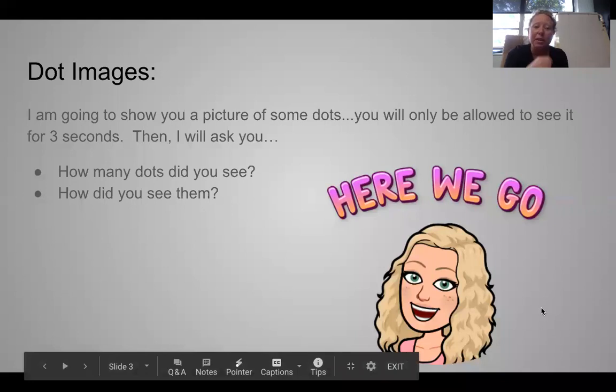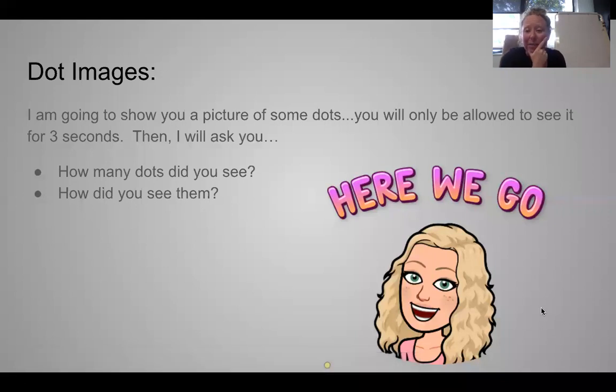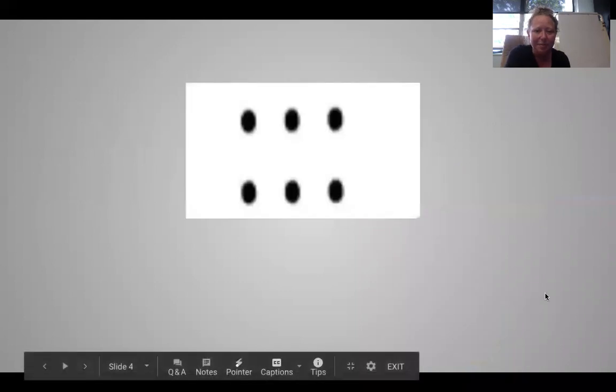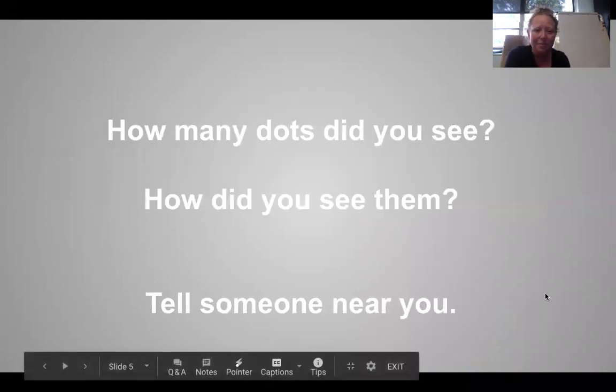I'm going to show you a picture of some dots, and you will only be allowed to see it for 3 seconds. And then I'm going to ask you these questions. How many dots did you see? How did you see them? Here we go. How many dots did you see?